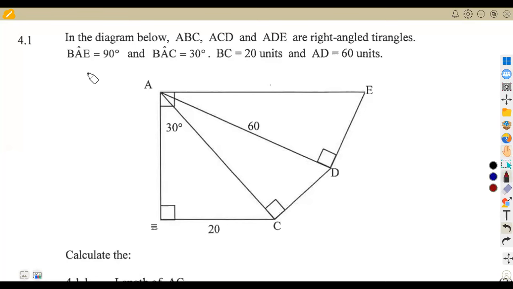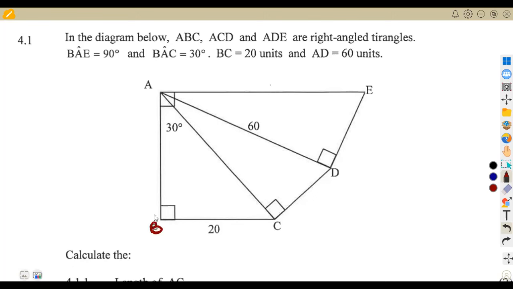We were given in the diagram below that ABC, ACD and ADE are right-angled triangles. So we've got the first triangle, which is referred to as ABC. This is our B here.